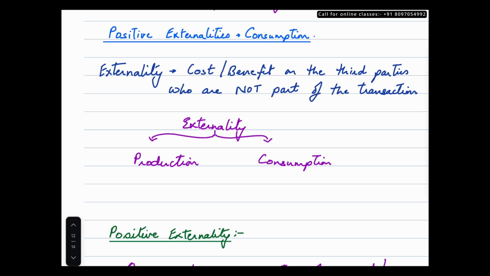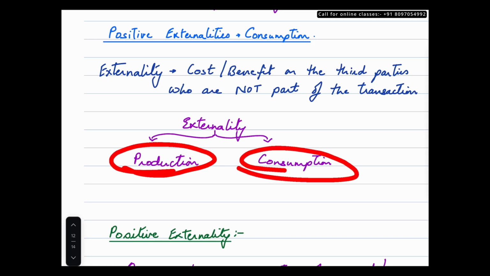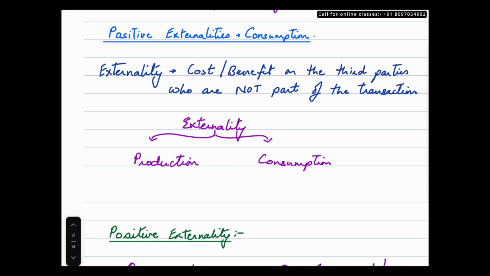Now, externalities could come from production or consumption, and under production and consumption, you would have positive and negative externalities for both. The focus for today's video is positive externalities of consumption.